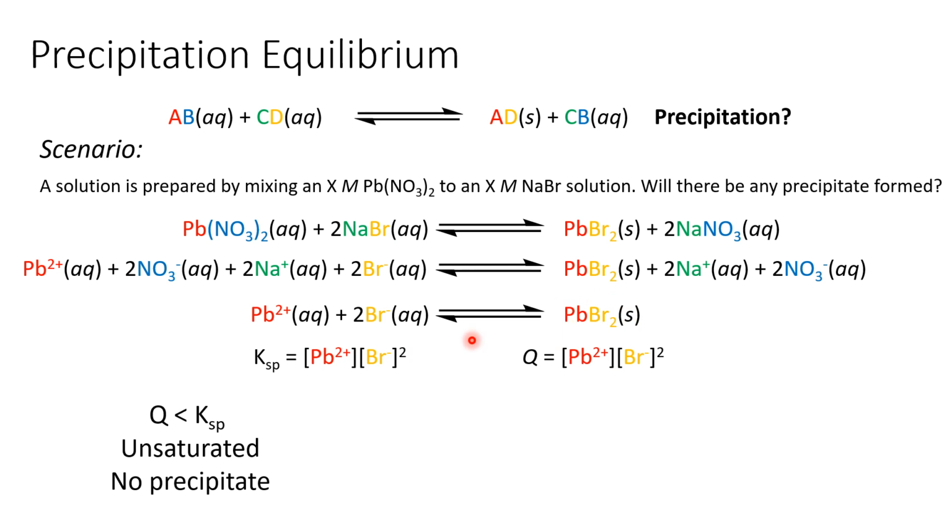I know this looks weird because this looks like a product over here, right? But in reality, if you want to go this way, this is what's really happening. I know this is flipped. I know right now this looks like a product and not a reactant.